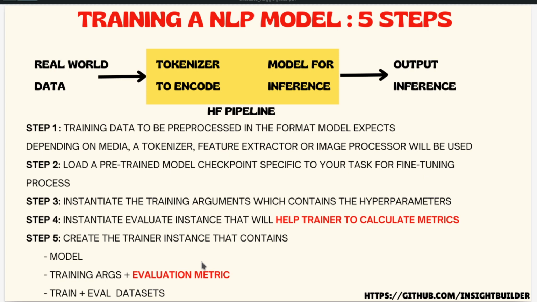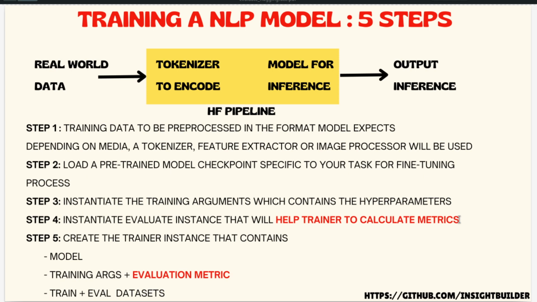Also, the most important point is, as you can see here, in the steps that you need to go through for NLP model training, you will start with the data, load the pre-trained model, and instantiate the training model for training. But when you instantiate it for training, you need something to calculate the metrics, because the machine learning model has to learn something, and it has to learn with respect to the ground truth, correct?